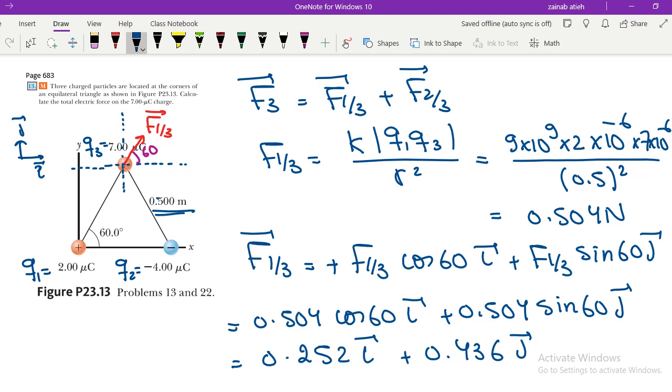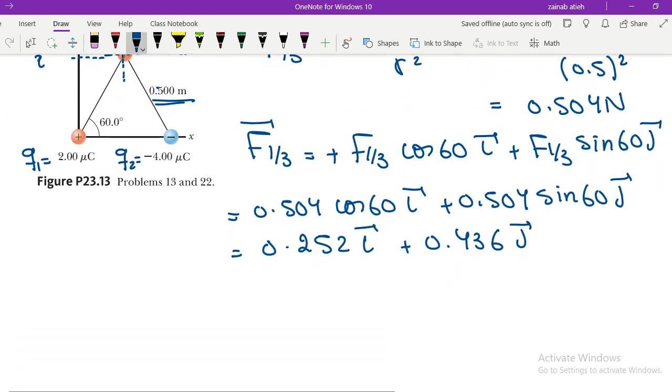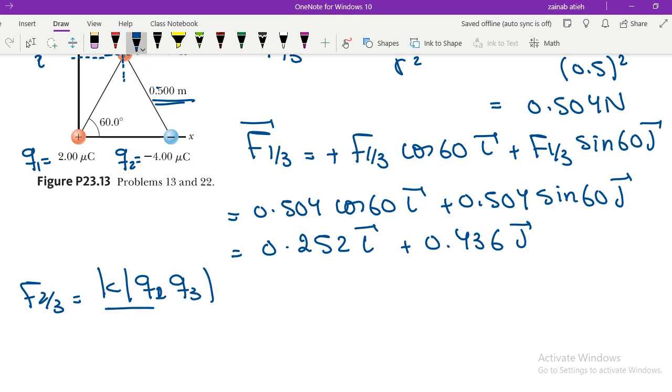I will do the same for the force exerted by 2 on 3. First I start with the magnitude. F2 on 3 is equal to K absolute Q2 Q3 over r squared, the distance between them. It's equal to 9 times 10 to the power 9.